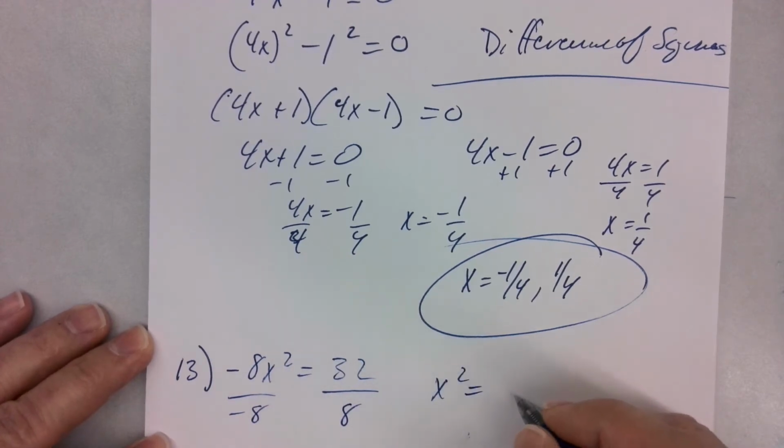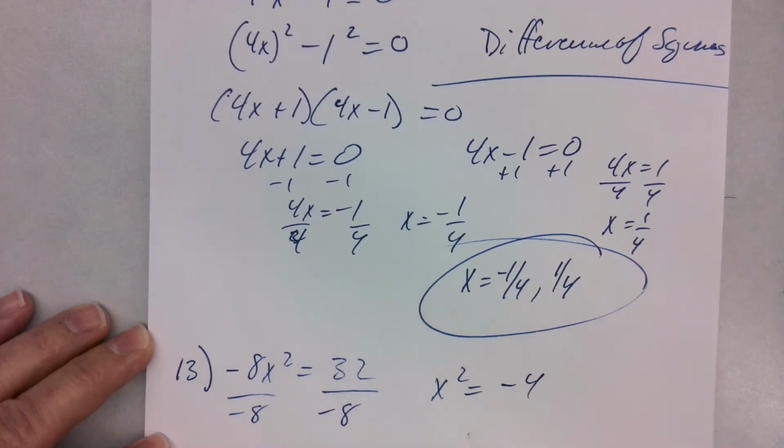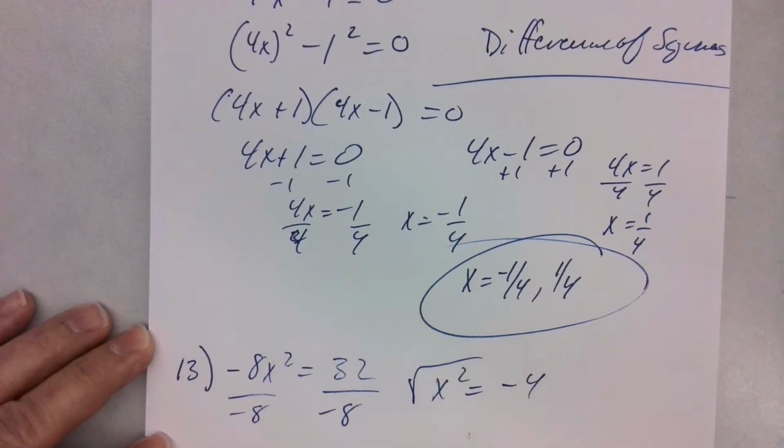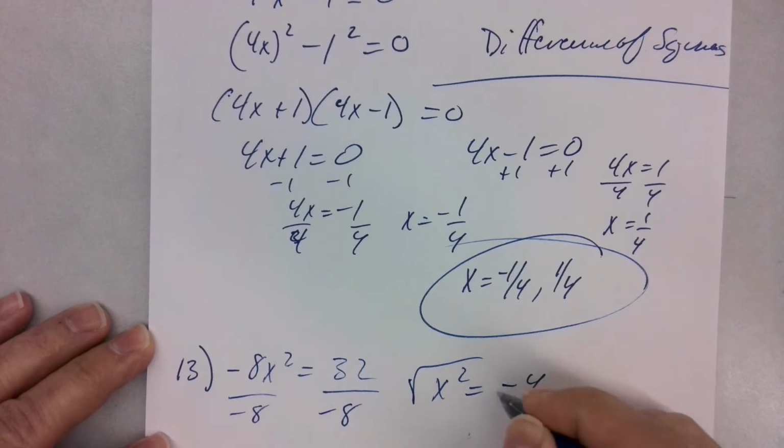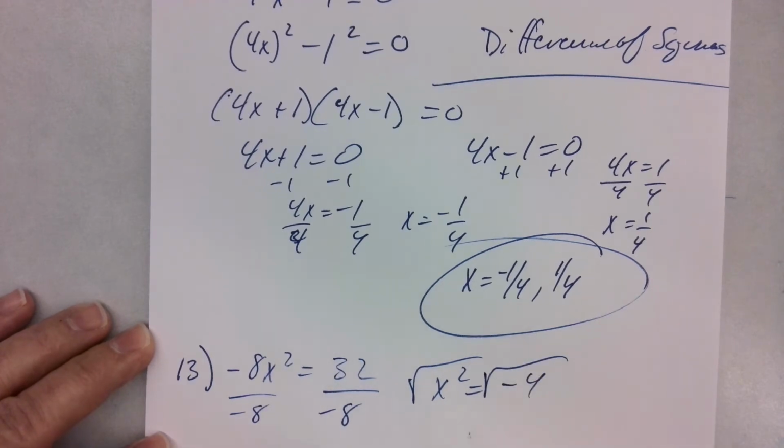Equals negative 4, right? Well, it's x squared. I want just x. So I'm going to square root it, right? Rules of algebra state if I square root one side, I have to square root the other, right? Well, what's the square root of x squared?